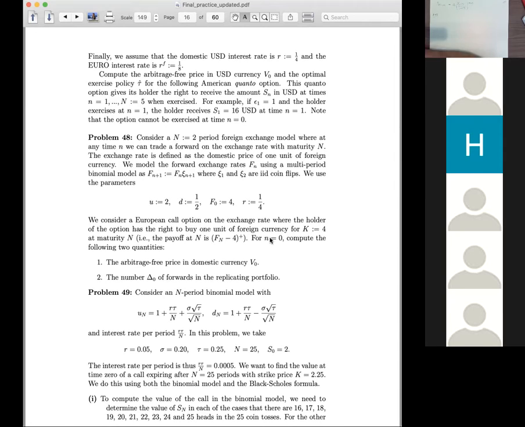So what are we given? We're given an exchange rate model, a couple of periods. Now we're modeling the forward exchange rates directly. We model them as F_{n+1} being F_n times these coin flips, psi_{n+1}.